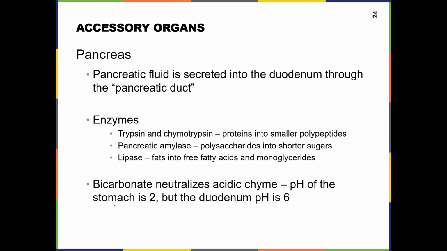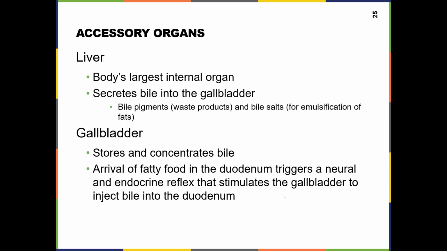And here's where I said that the pH of the chyme coming from the stomach is 2, but when it gets mixed with the bicarbonate, it brings it up. Not quite to 7, but you're in the pH 6 range, which is much better. Otherwise, the chyme would burn the small intestine cells because they don't have mucus covering them. And that would be a chemical burn.